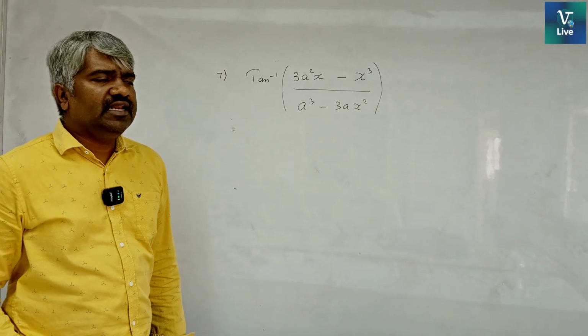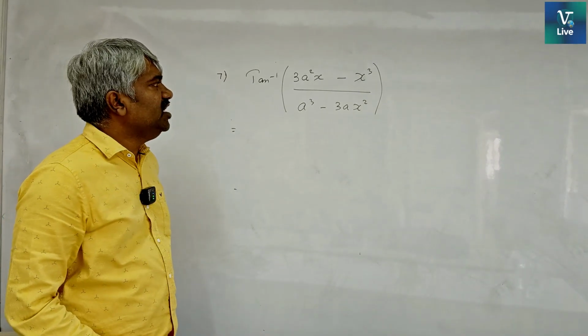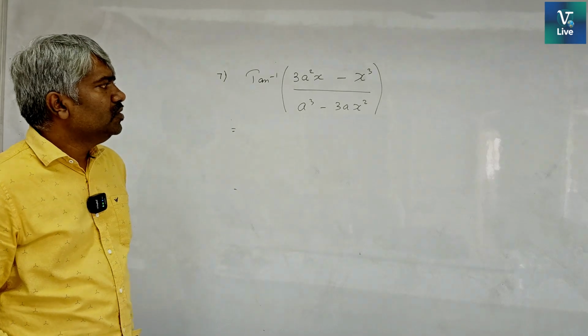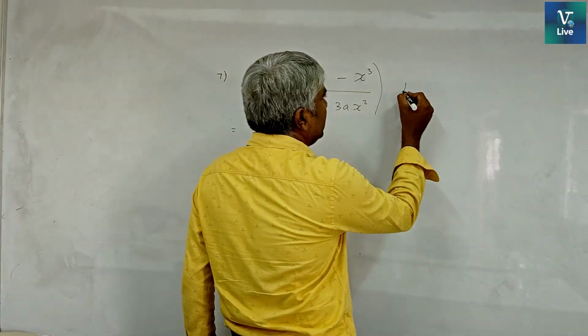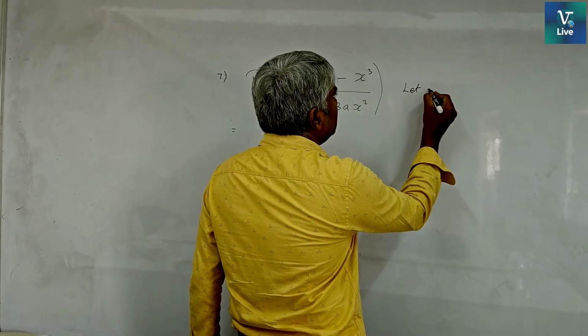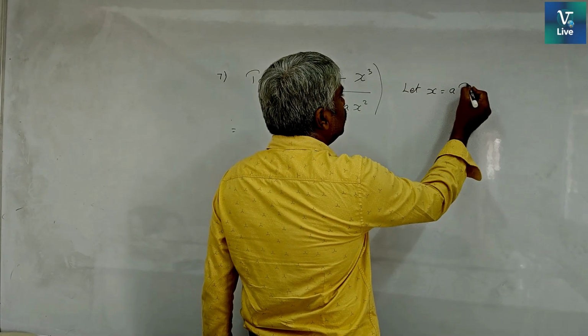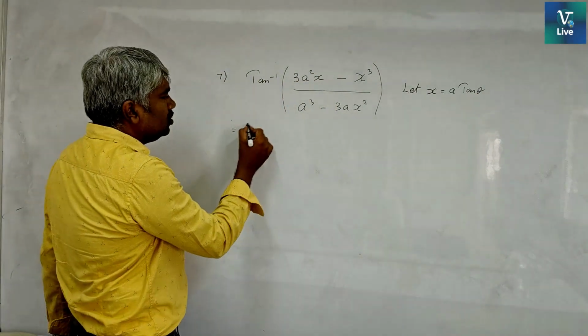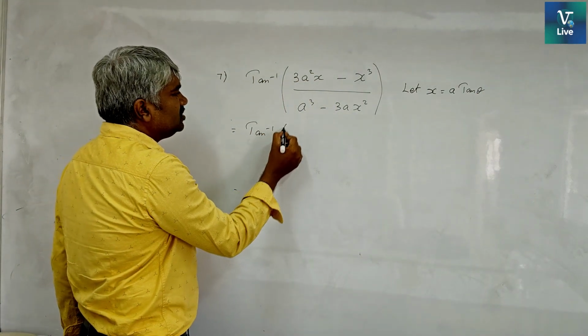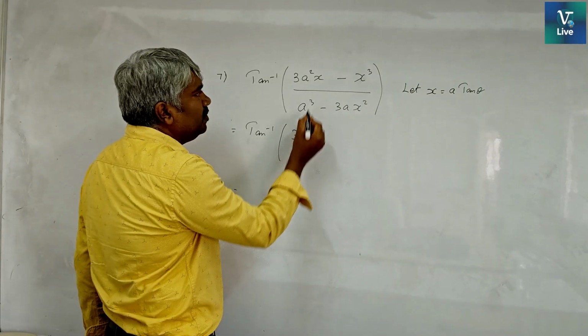Now we'll move to the next question. Tan inverse of 3a square x minus x cube by a cube minus 3a x square. Let us take x equal to a into tan theta. So this term becomes tan inverse of 3.